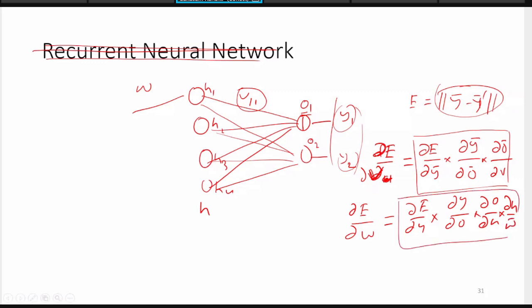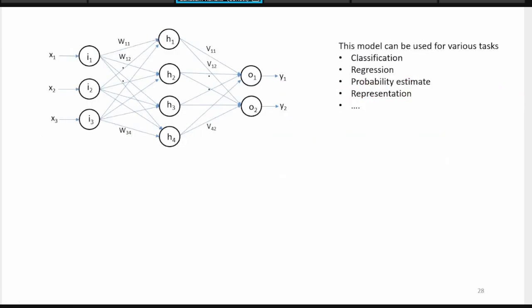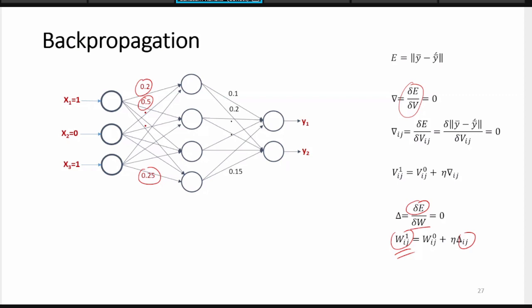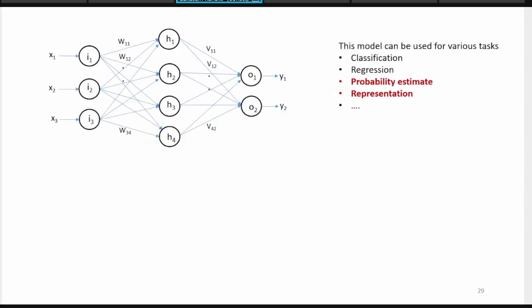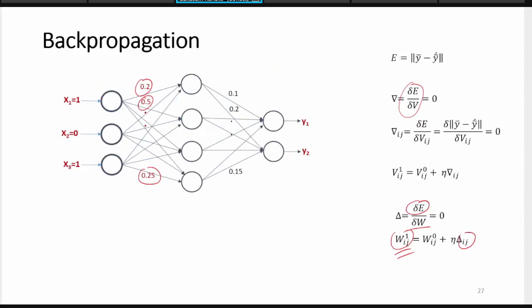Back propagation is nothing but taking the partial derivatives, and since the error does not depend directly on the parameters I want to estimate, applying the chain rule and estimating the intermediate derivatives to get the corresponding gradients.